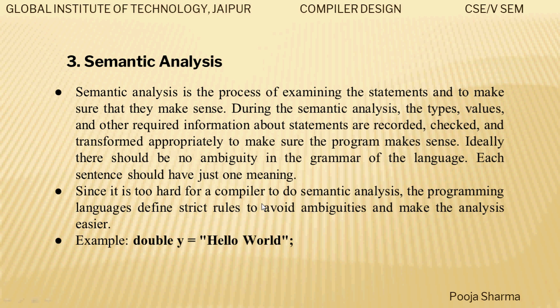The compiler performs many other checks besides variable binding. In this example statement, double y equals "hello world", the semantic analysis would reveal that "hello world" is a string and y is of type double, which is a type mismatch and hence it is wrong.